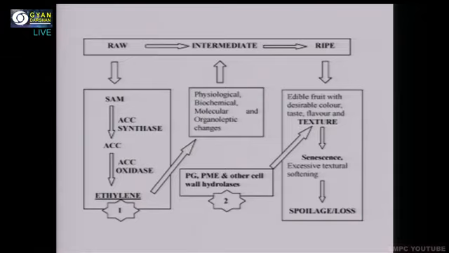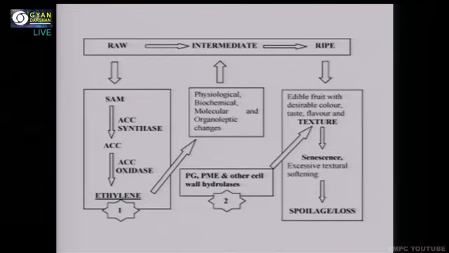You can see on the left side that methionine is the precursor, and from the methionine there is first the conversion to ACC through ACC synthase, and then ACC undergoes oxidation to ethylene through ACC oxidase. And because of this induction of these enzymes or these genes, ethylene is being produced.